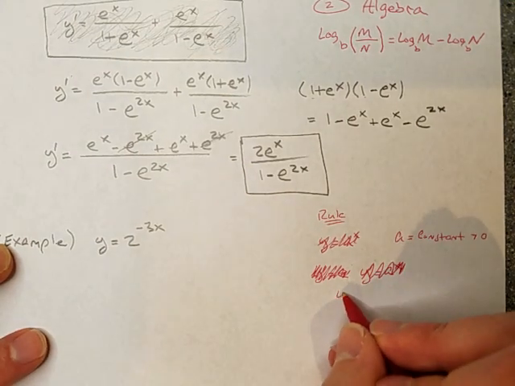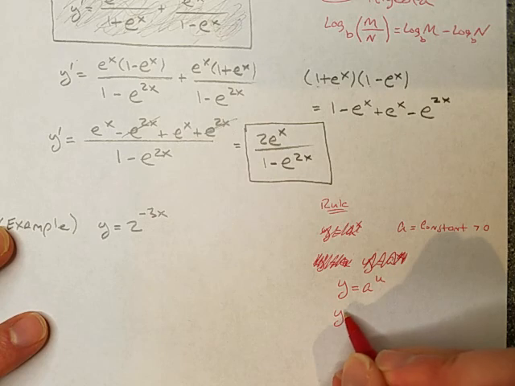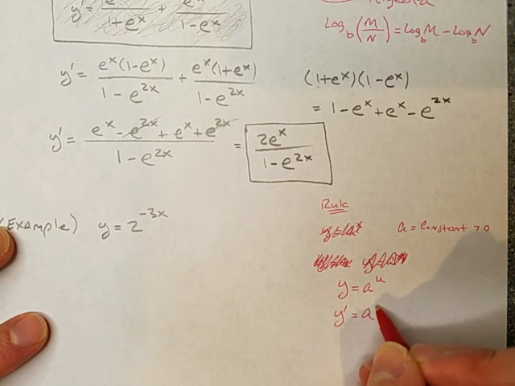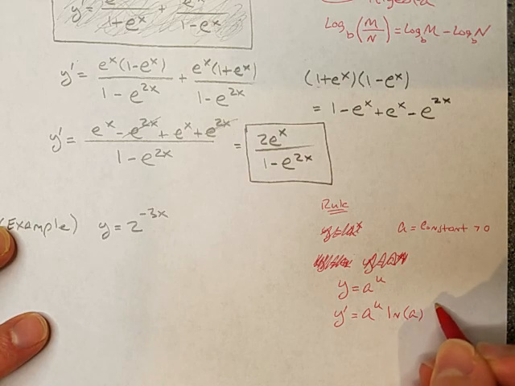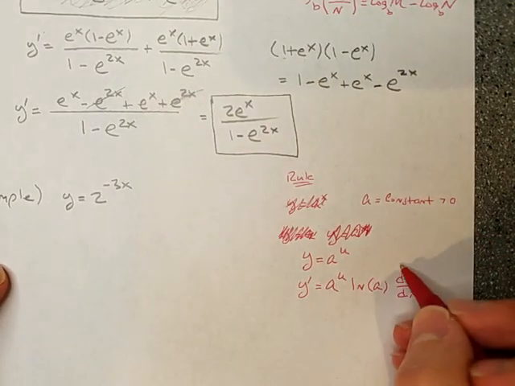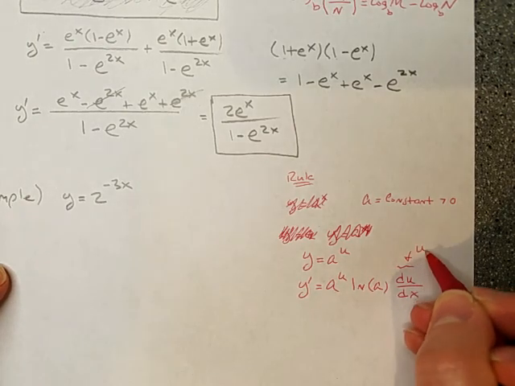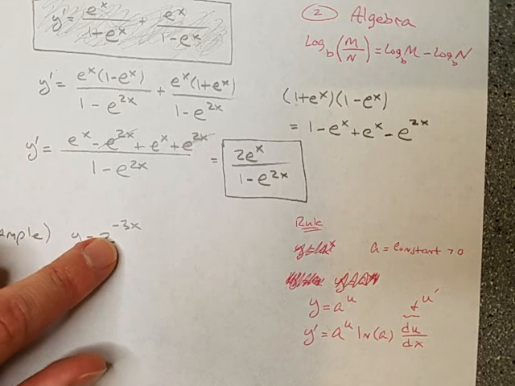So if y is equal to a to the u power, y prime is going to be a to the u power, natural log of a, du dx. And if you want to think of du dx as u prime, you can think of it that way. So that's the rule for this one.